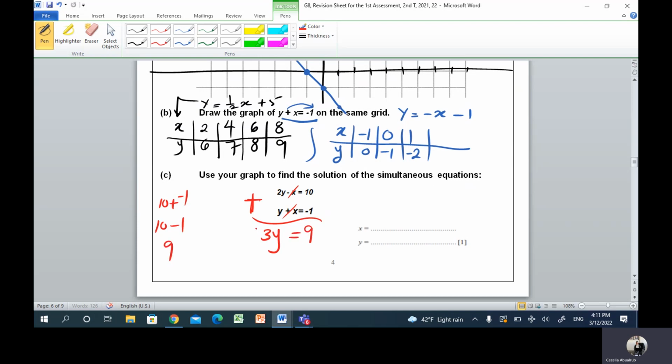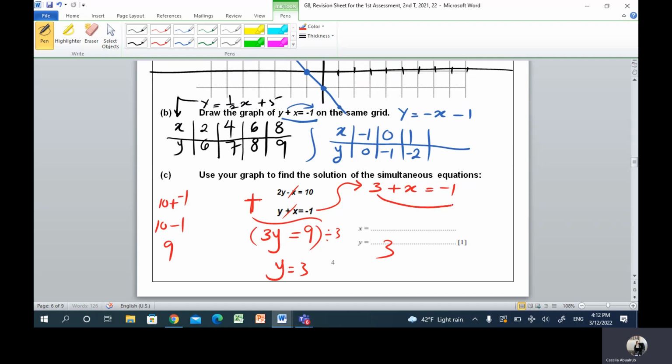Now I have a linear equation with one unknown, which is y, so I can divide all this by 3, so y is 3. In order to find the x, I will choose this equation because it's easier to substitute y and to find x. So 3, because y is 3, plus x is equal to -1.